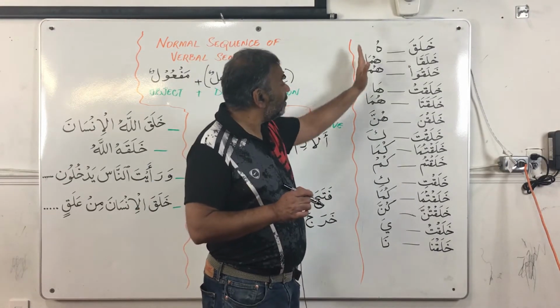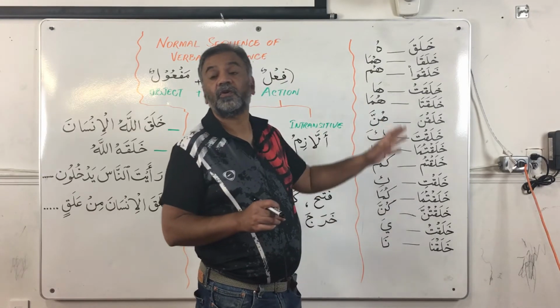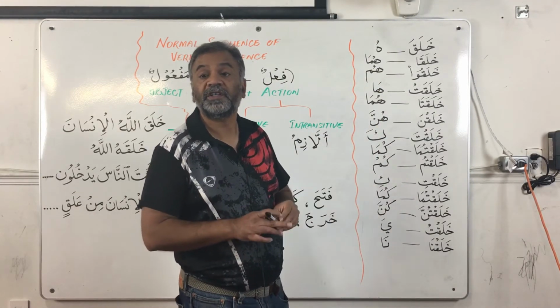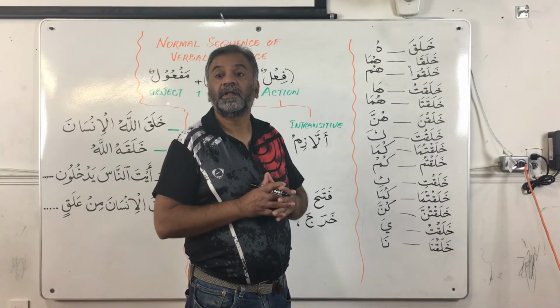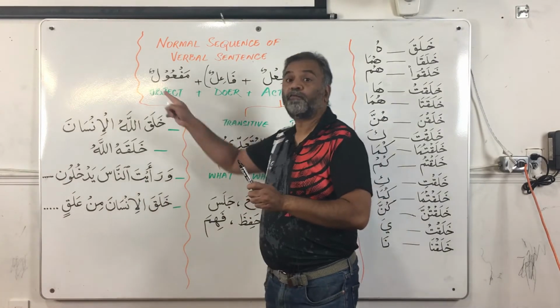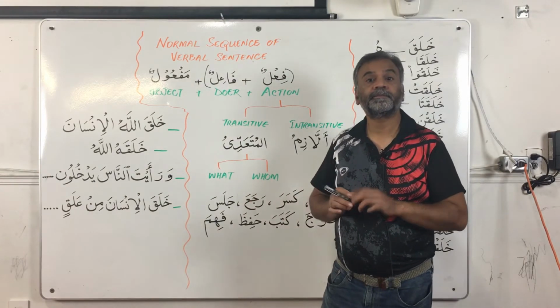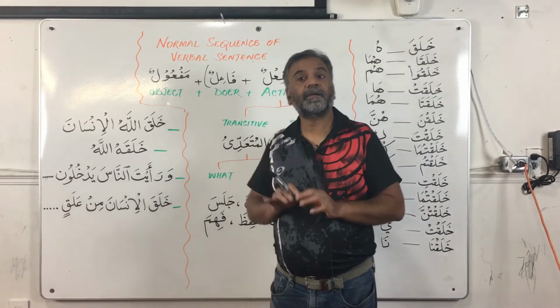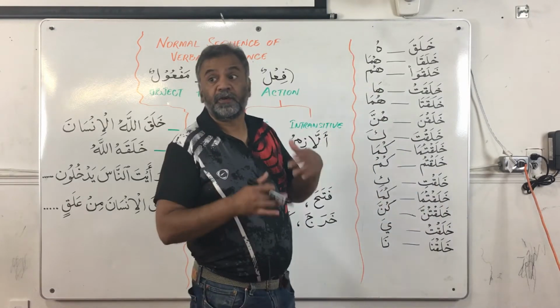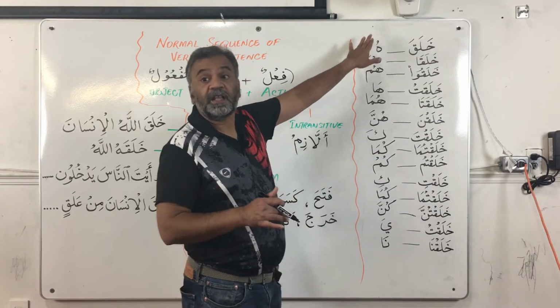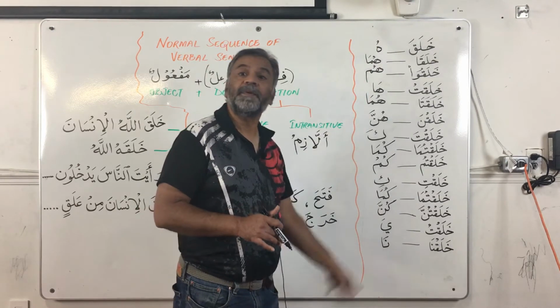What happens when these damirun muttasilun or attached pronouns attach themselves to a verb? Then they become maf'ulun bihi. Remember that. But we don't put a fatha there because they are all mabni.